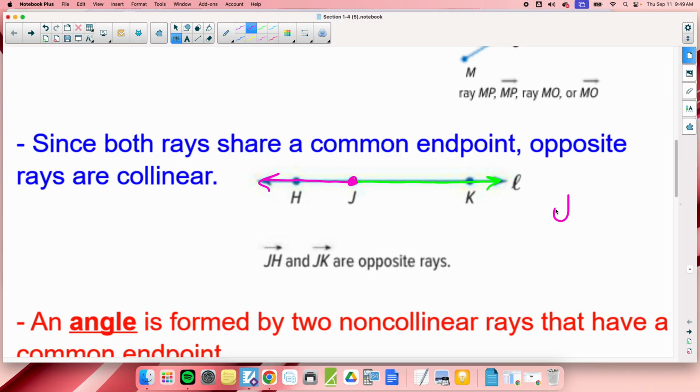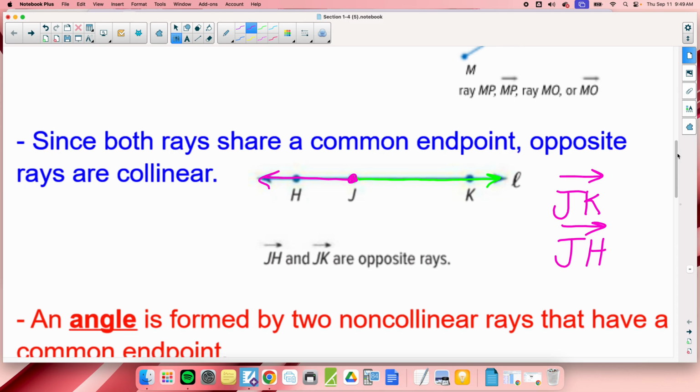Ray JK, I would name like that, and then ray JH, even though it's going to the right, we still put the ray above it pointing to the left. No matter what direction the ray is in, our arrow always points to the left.